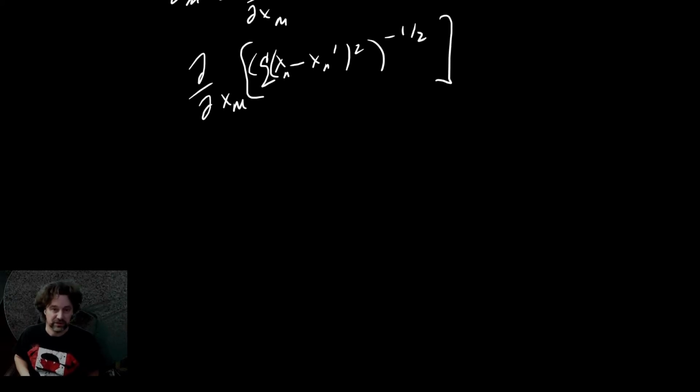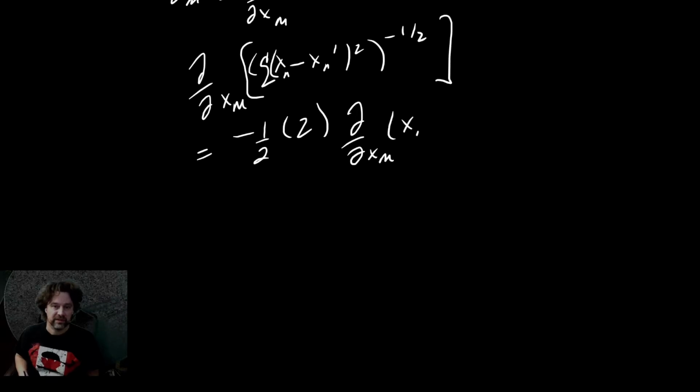But if we do this, we get, by chain rule, minus 1/2 times 2 times the derivative d dx_m of (x_n minus x_n prime), all times the sum to the power of minus 1/2 minus 1, which is minus 3/2. So that means we have a 1 over the magnitude of x minus x prime cubed.